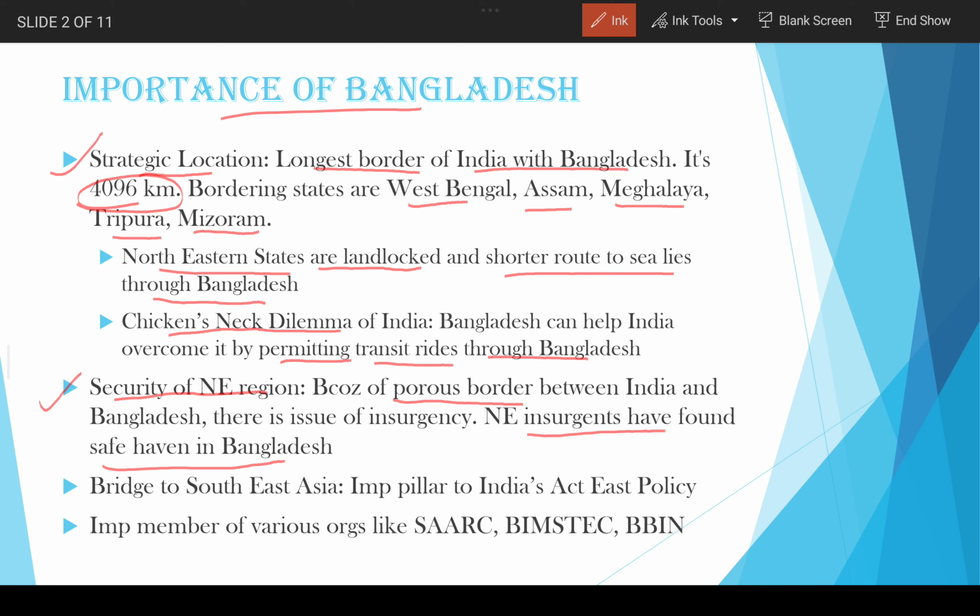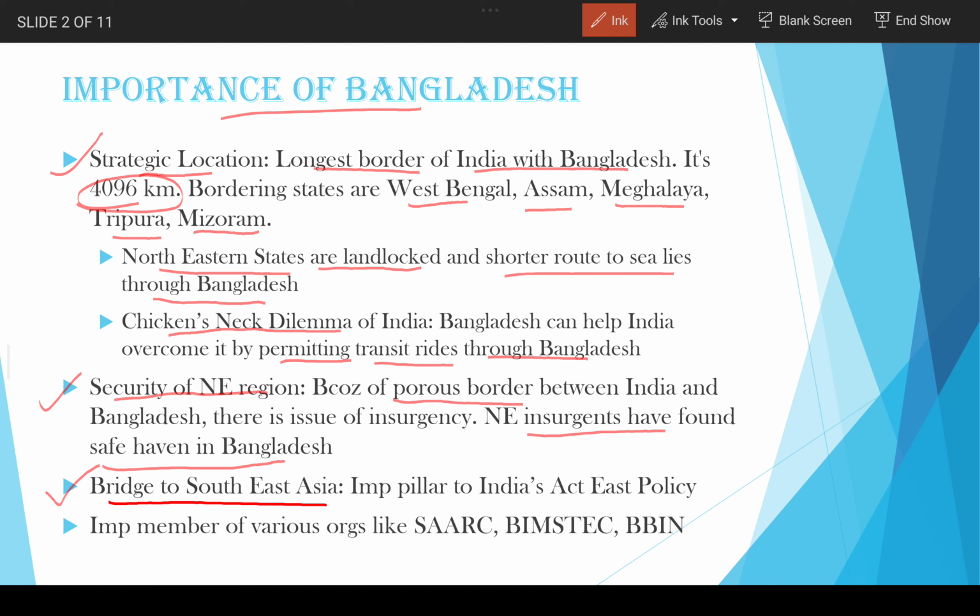Okay, so basically, in order to solve this problem, Bangladesh can help India. And there has also been a policy for Northeast insurgents by the Sheikh Hasina government, which was a zero tolerance policy, okay, which has helped to reduce the insurgency from Bangladesh to a great extent.